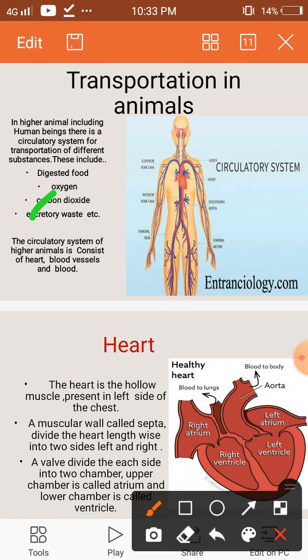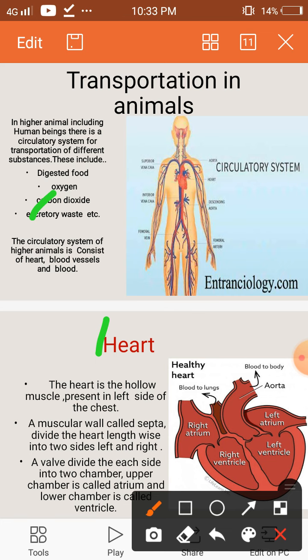First of all, we study the heart. What is the heart? The heart is a hollow muscle present in the left side of the chest.